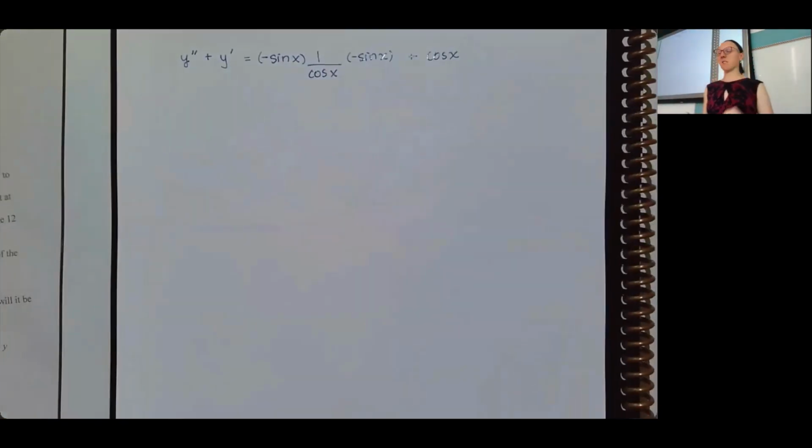And all the other stuff canceled out. Now we were supposed to show that this equaled secant of x, and it almost does. We just have to work a little bit of trig and fraction magic.